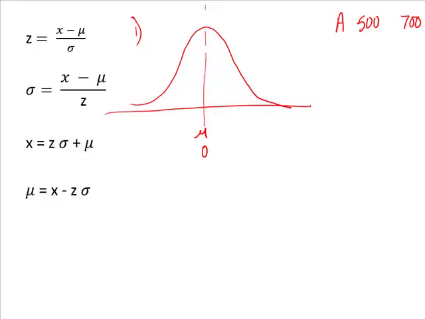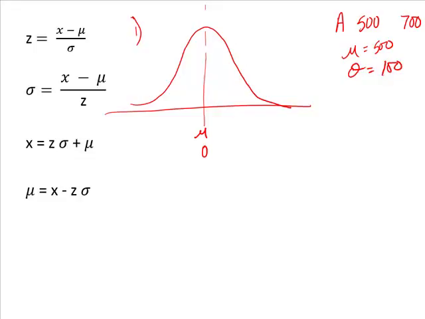So in our example from the textbook, the mean SAT score is 500. And the standard deviation, our sigma, is 100. Okay.